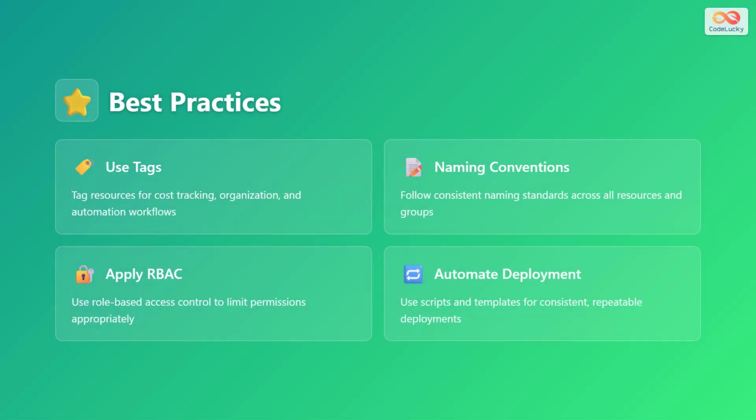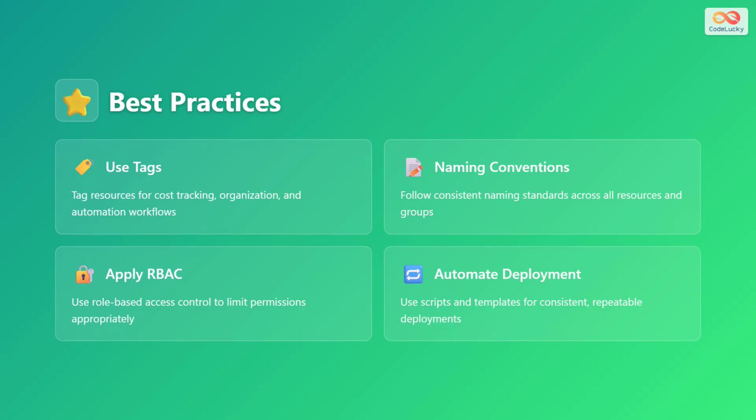Following best practices ensures your Azure environment stays organized, secure, and manageable. First, use tags on your resources for cost tracking, organization, and to enable automation workflows. Tags are key-value pairs that help categorize resources. Second, establish and follow consistent naming conventions across all your resources and groups. This makes it much easier to identify resources and understand their purpose at a glance.